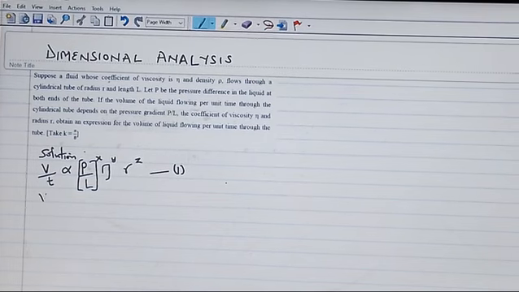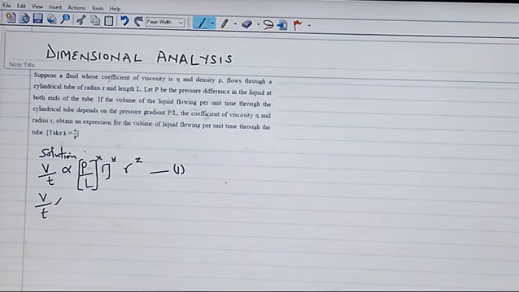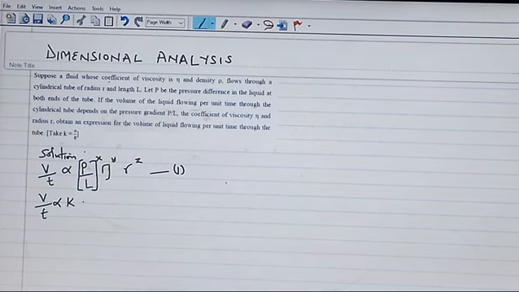Of course, it can be written as this, introducing the constant k. So we say P over L raised to power x, coefficient of viscosity raised to power y, and the radius raised to power z.